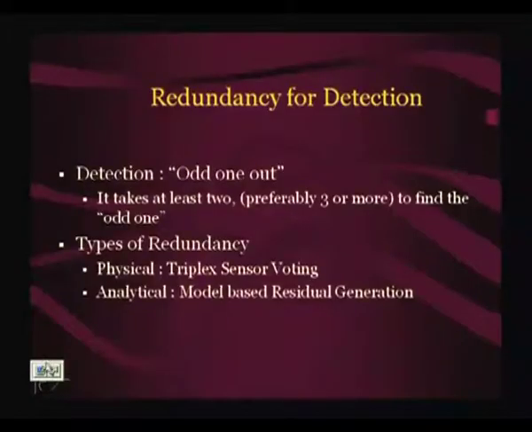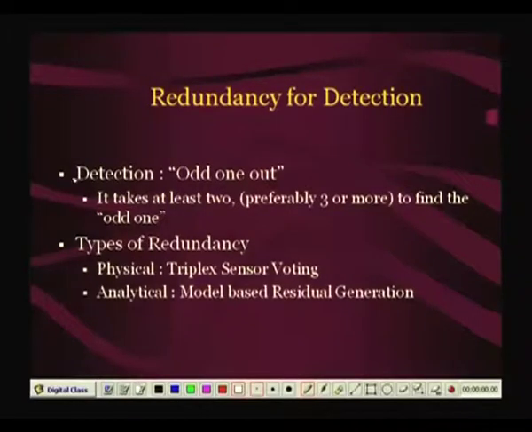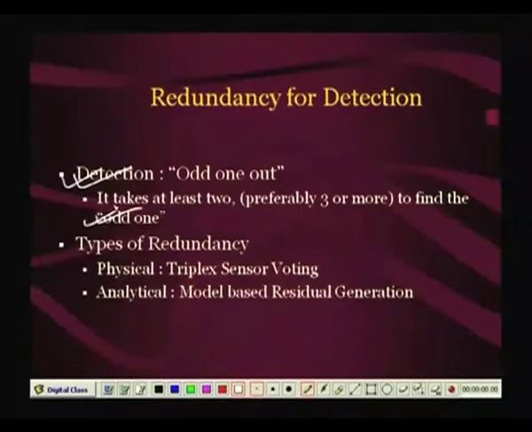So detection is actually the problem of finding the odd one out, and to find the odd one out it takes at least 2, but even sometimes with 2 we cannot detect which one is the odd one out. So therefore we often need 3.